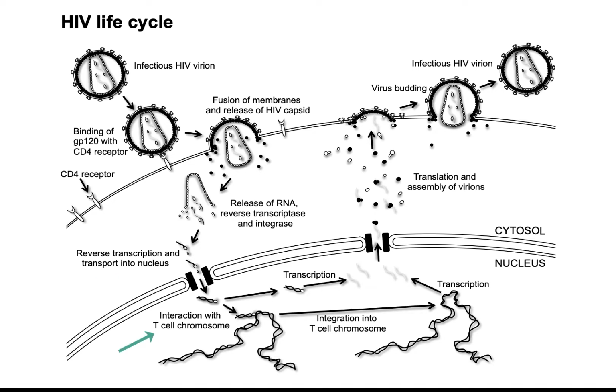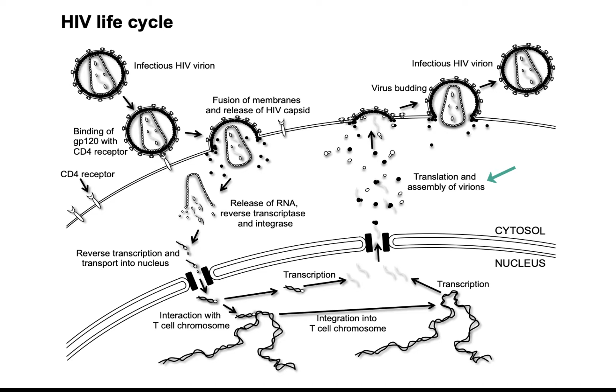You get integration of the chromosome as well as transcription from the viral DNA copy. And then those copies go out into the cytosol. They're translated on cytosolic ribosomes, and you're also getting copies of the virion chromosome being produced.